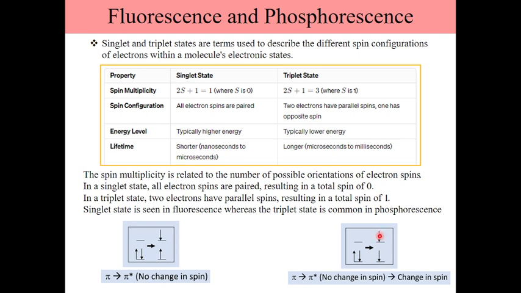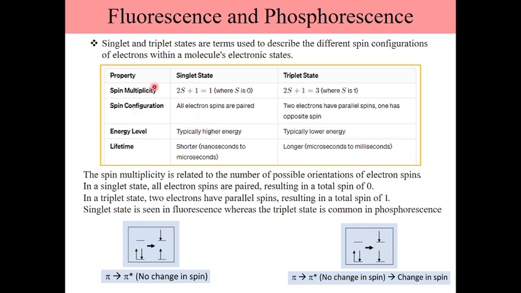So that is not plus half and minus half. It is either both minus half or both plus half. That is why it is 1. That is what spin multiplicity is. This is just a probability of the number of possible orientations of the electronic spin. So in the spin configuration, all the electrons are paired in one case, and in the other, two electrons have parallel spin and one has opposite spin.